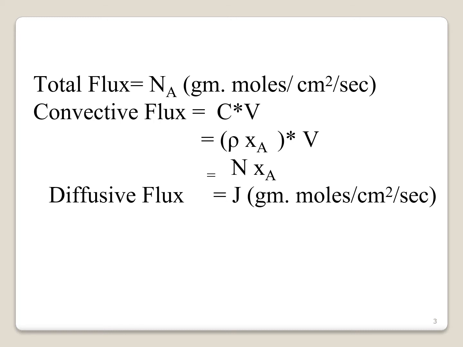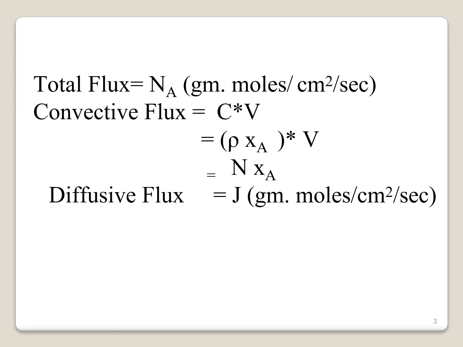Here you replace the C value in terms of density. Here density is a molar density. So here C is equal to rho into XA. XA is nothing but mole fraction.